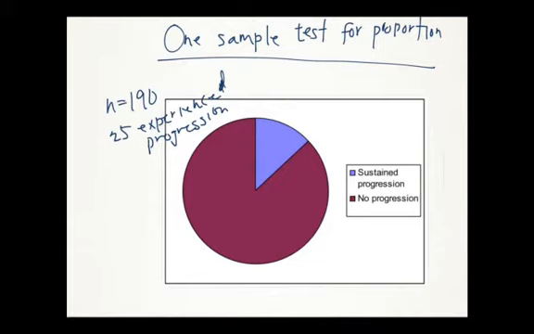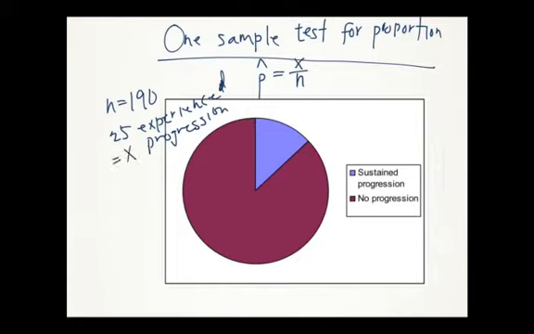So what would be our estimate of the proportion who experience progression? In other words, what is p hat? That's our sample estimate. p hat is just equal to x over n, where x is this 25, the number who experience progression.